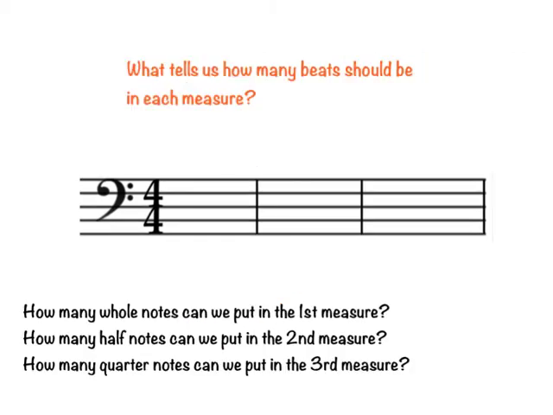What tells us how many beats should be in each measure? The top number of the time signature tells us the number of beats in each measure.